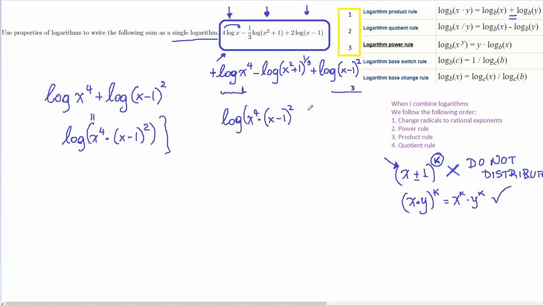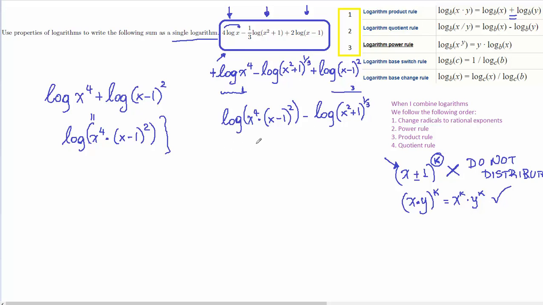Keep it in parentheses, and now I rewrite the middle term that I haven't used until now, and I have this minus log of x squared plus 1 to the 1/3. As you can see, I haven't touched the exponent right here. I keep it as 1/3. If you want, at the end, you can change it into a radical.